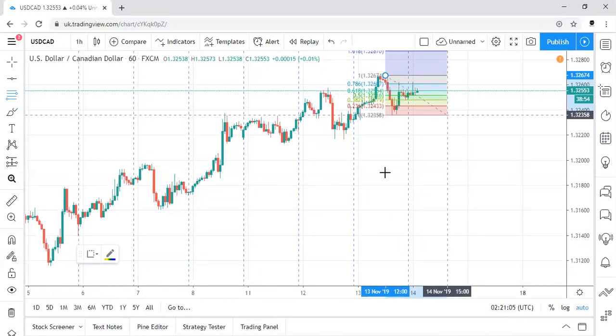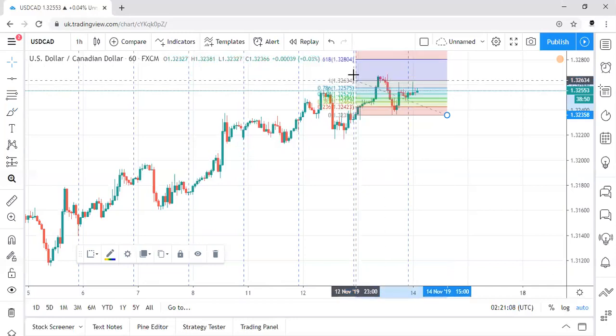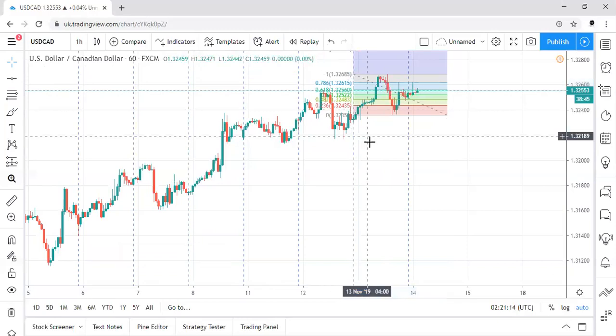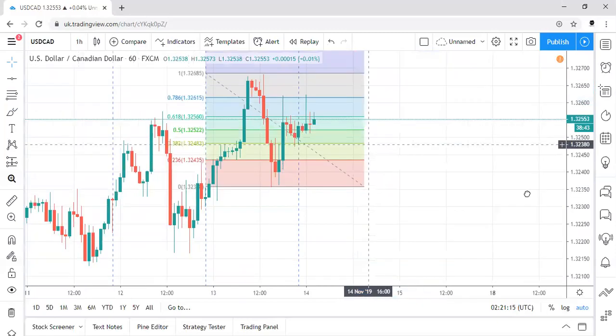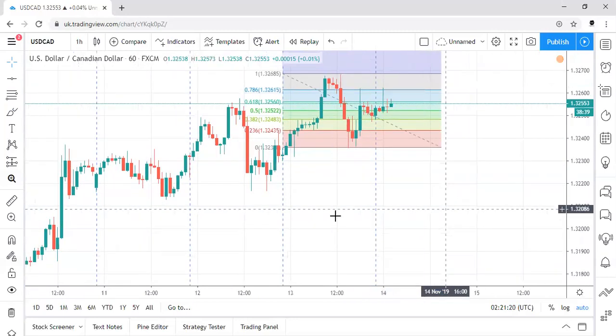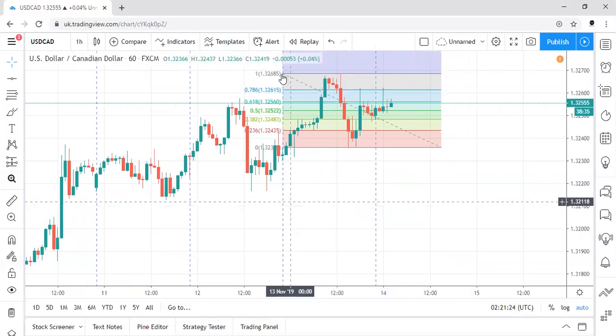Let me clearly mark where it started. Okay, just zoom in. With Fibonacci retracement, you get a percentage as it goes down.